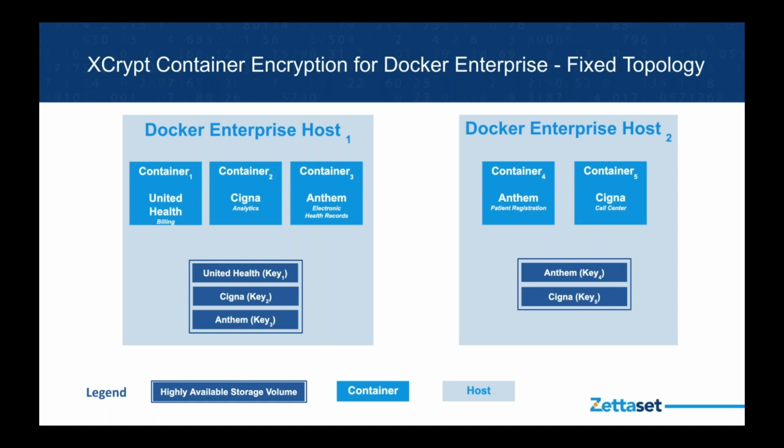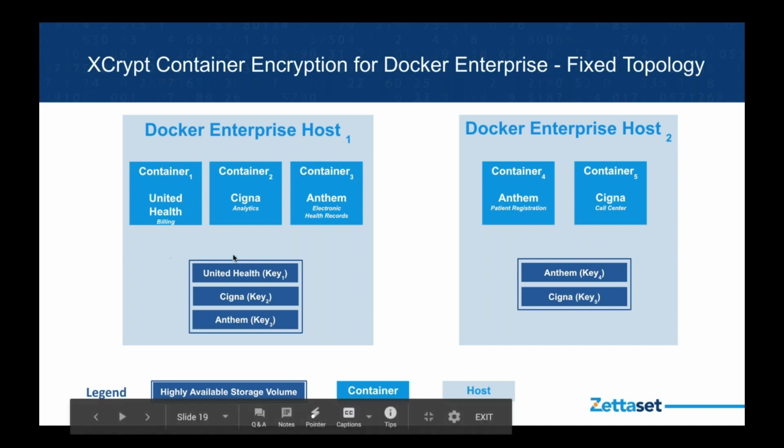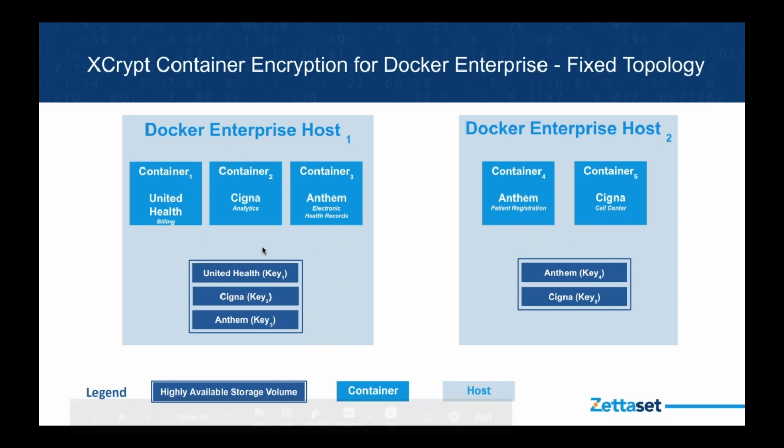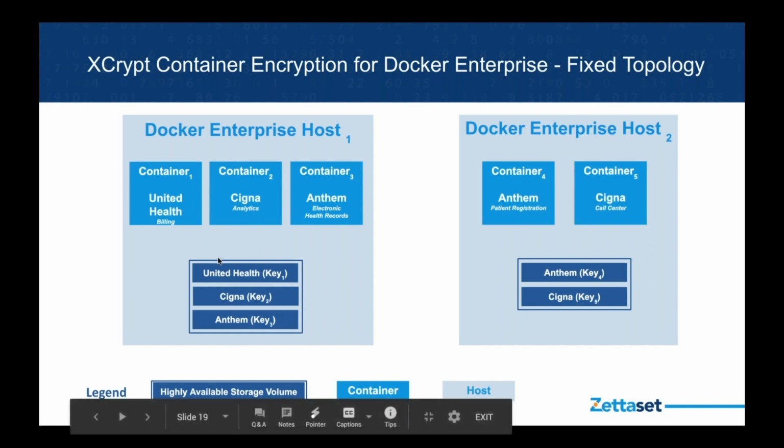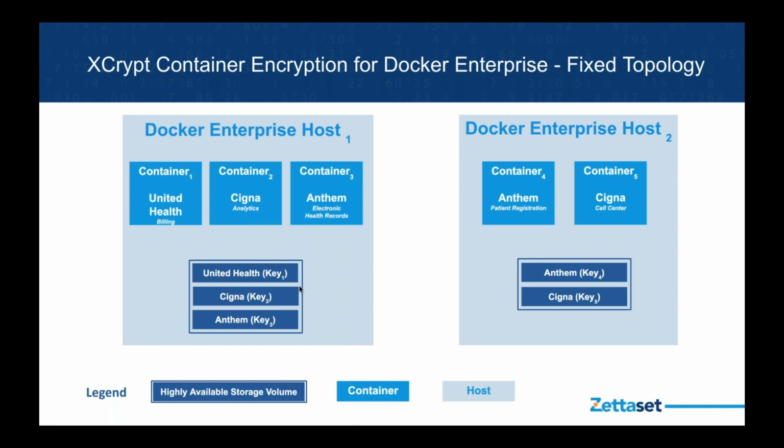Okay, so now when you say separate the storage, separate the keys, I just want to clarify this for my own understanding and for anyone else who's watching. So this box right here, this is 3 separate volumes. Correct. Okay, all right. And every volume is tied to a specific container.